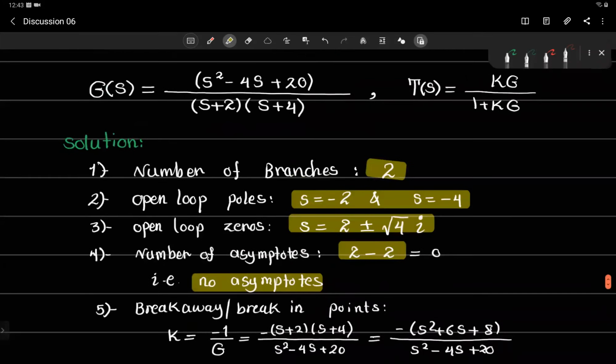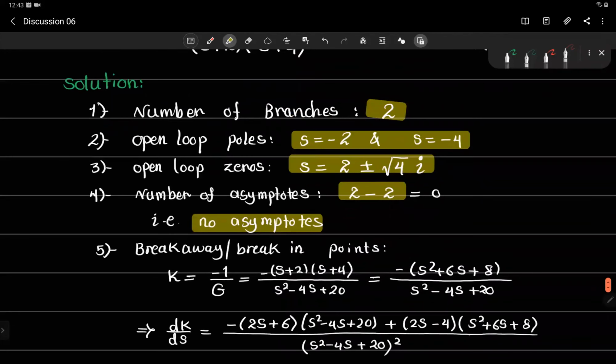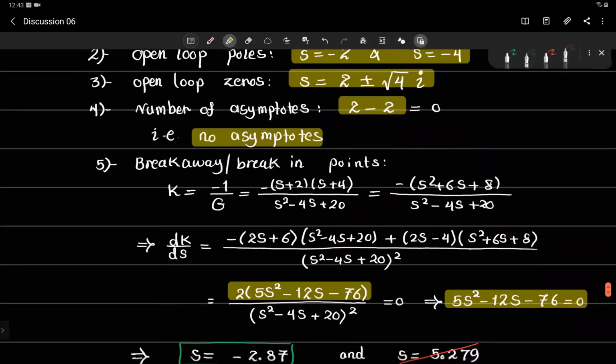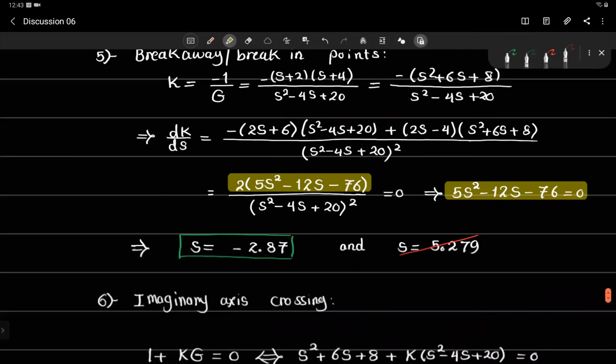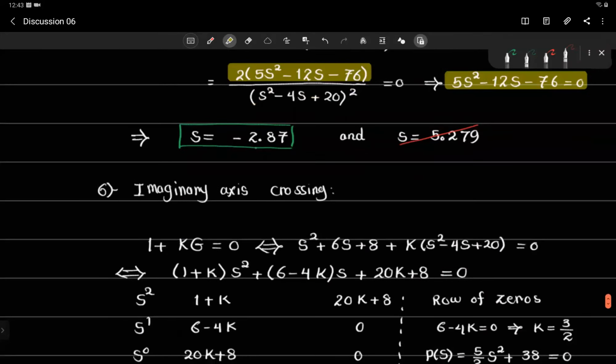But the complex poles and complex zeros of the open loop transfer function are not real, so they never meet, and so we will not have any break-in points. Whatever roots come out of this equation, we need to make sure that they actually belong to the real segment of the root locus.